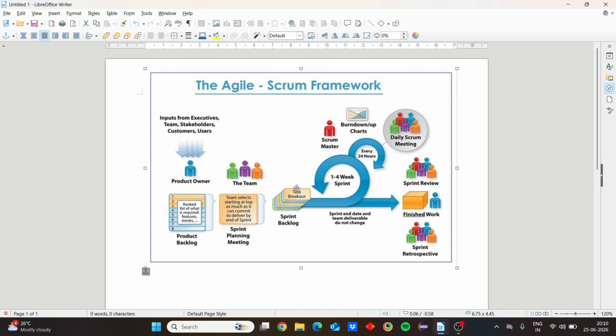The sprint backlog contains user stories. It contains detailed information about the requirements which are required for module development. So what is meant by the sprint backlog?